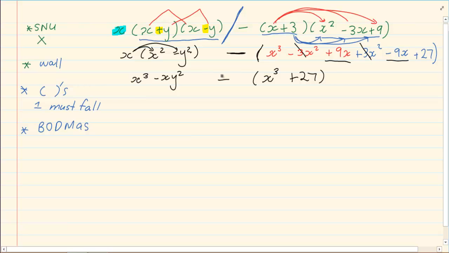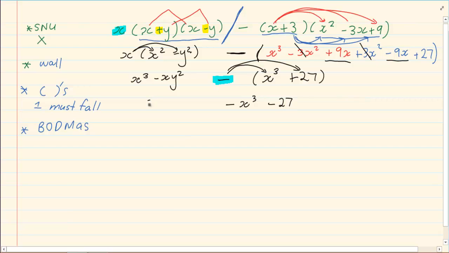Now the negative outside has to be distributed to every term in this bracket. When you are getting rid of brackets, the rule is multiplication. So we've got minus x cubed minus 27.